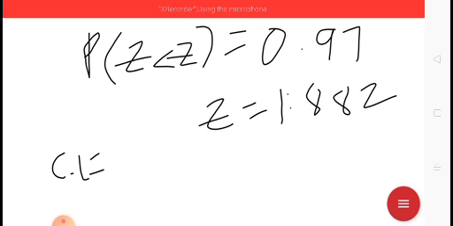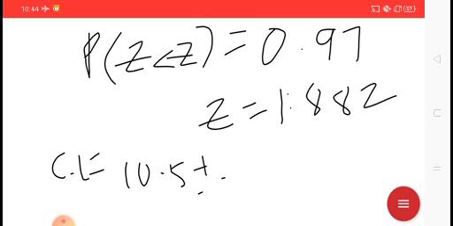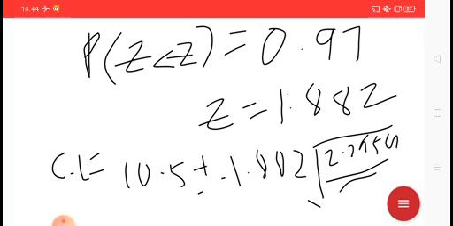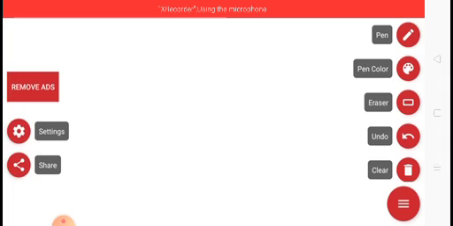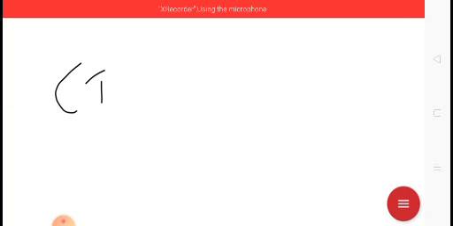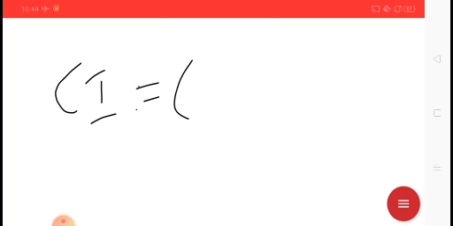So your confidence limits will be equal to 10.5 plus or minus 1.882 times the square root of 2.2959 over 50. By simplifying this, you may get your 94% confidence interval between 10.1 and 10.9.